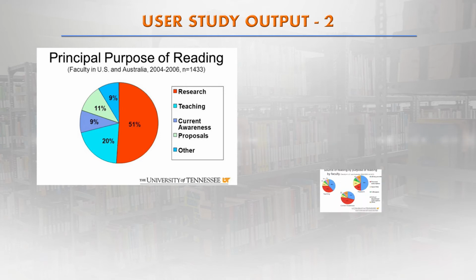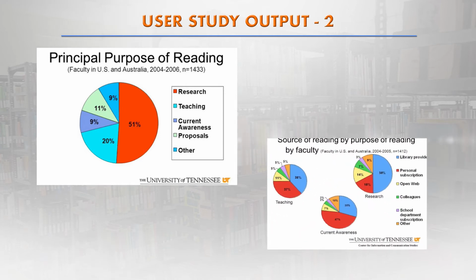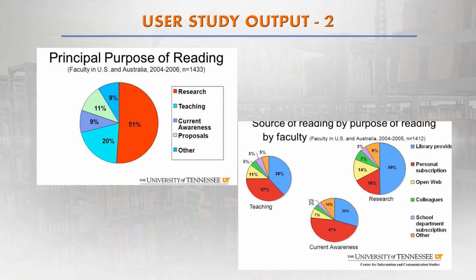Similarly, in the second graph we can see the purpose of reading by faculty, why faculty are reading these library resources: for teaching, for their awareness, for their research purpose, and within research for personal development, library development, and open ways from where they are using these resources.